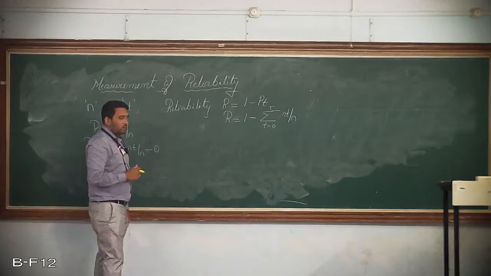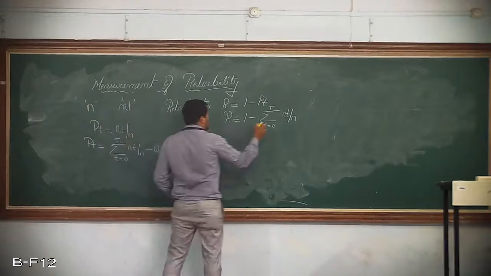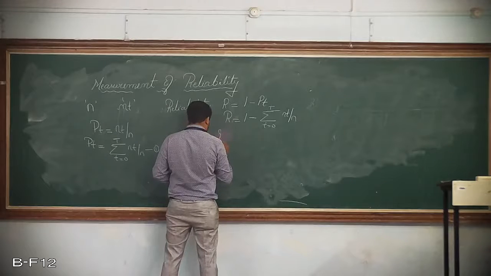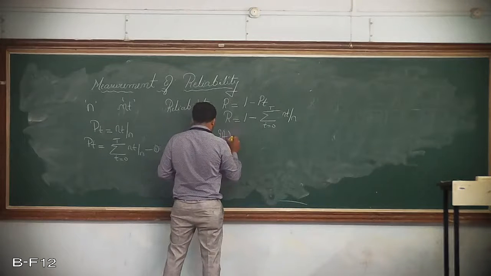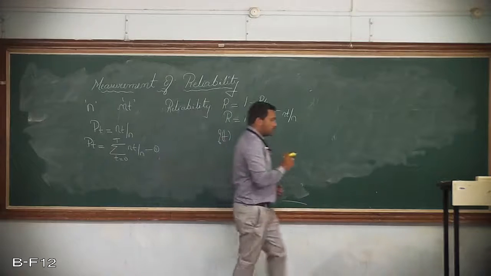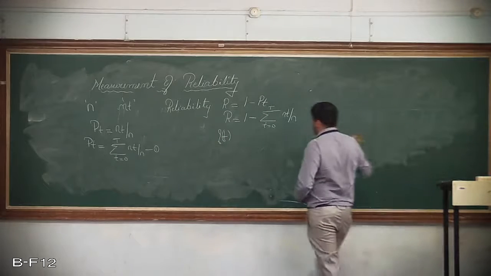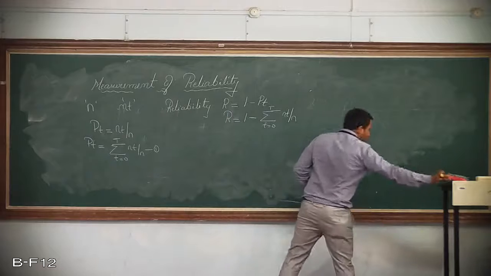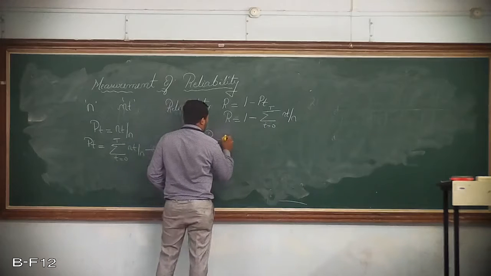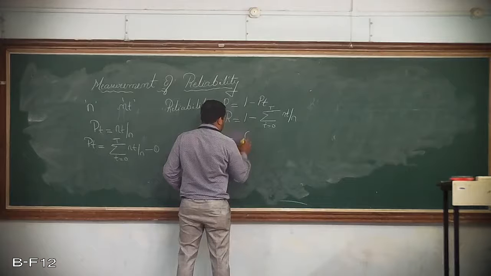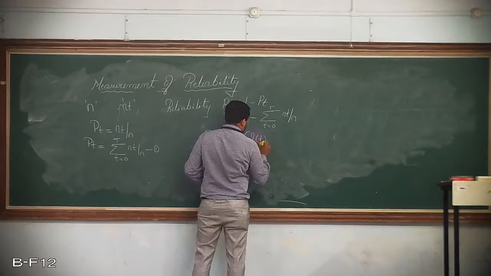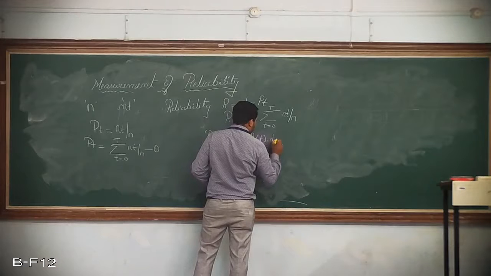If you consider a large number of parts, then this function will become a smooth function f(t). Hence, the reliability of the parts is given by 1 minus the integration from time 0 to t of f(t) dt.